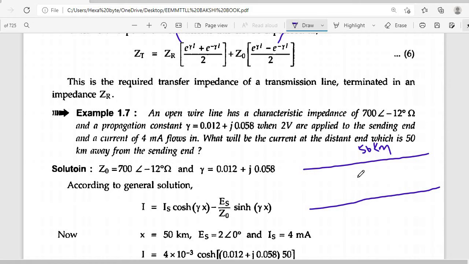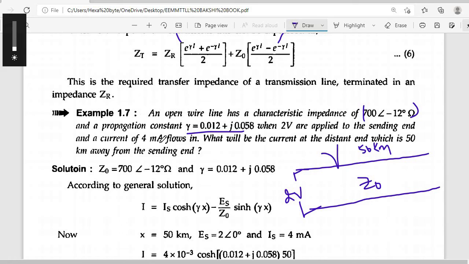This transmission line has characteristic impedance Z0, that is given. This is 700 at an angle of minus 12 degrees. This is a complex impedance, so that's why it is given as magnitude and phase in degrees. The propagation constant gamma is given for this transmission line. The sending end is 2 volts, and the current is 4 milliamps.